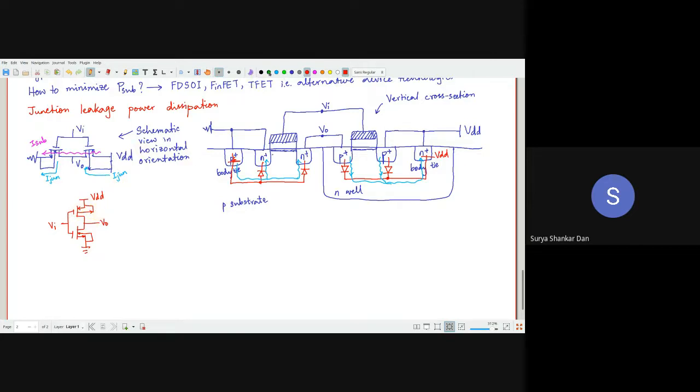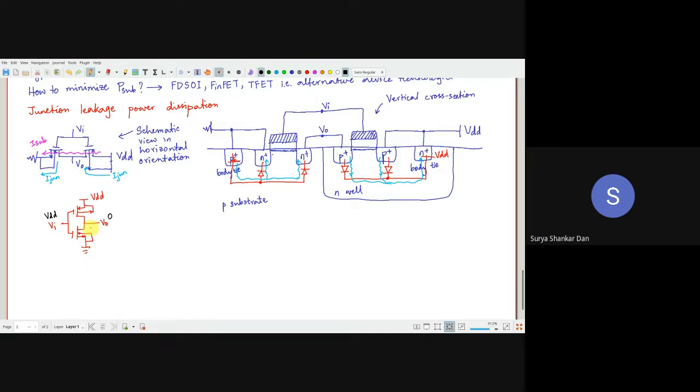Now, what is interesting is, notice there are so many junctions here. Okay. So where will the subthreshold leakage be, from where to where? Subthreshold leakage is basically when Vi is perfectly at VDD and VO is perfectly at 0. Okay, then there is no switching.